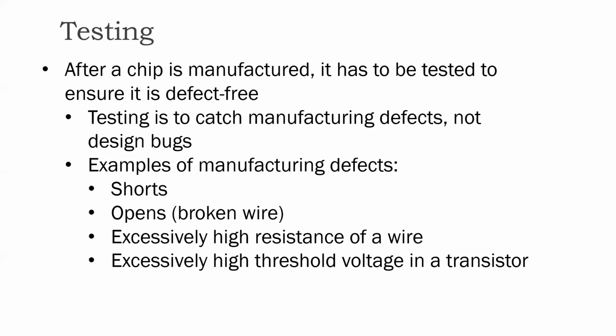The idea of testing a chip is that whatever defect may cause the chip to malfunction, we should be able to catch it before the chip is sold to a customer. The bottom line is that no chip that a company manufactures should be delivered to a customer if it has a defect. The purpose of testing is to make sure that only defect-free devices reach the end user.